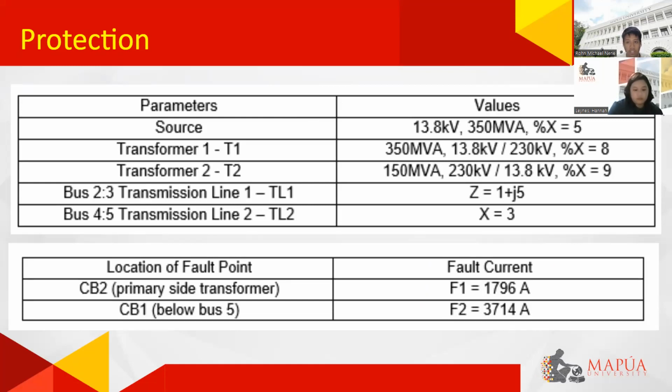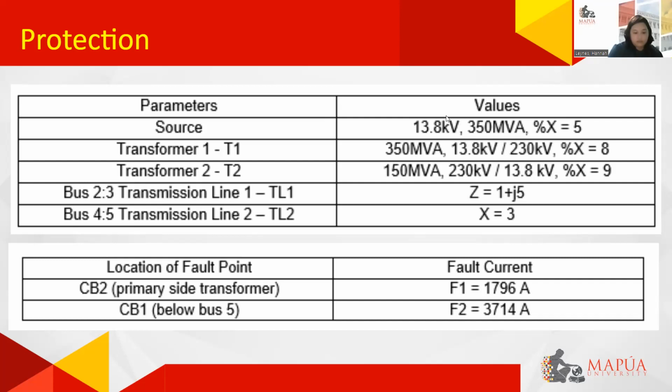You can see here the default settings for our source. We have 13.8 kilovolts, 350 MVA, and an impedance of 5. Moving forward to the transformers, we have 350 MVA and 150 MVA respectively for transformer 1 and 2. Then we have 13.8 kilovolts and 230 kilovolts, then 230 and 30.8.